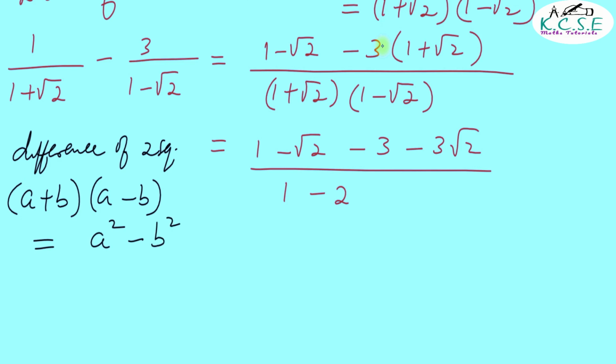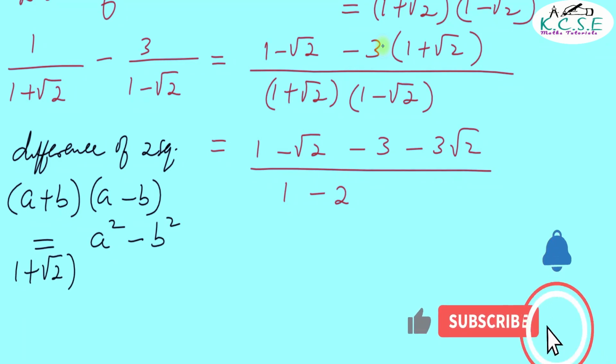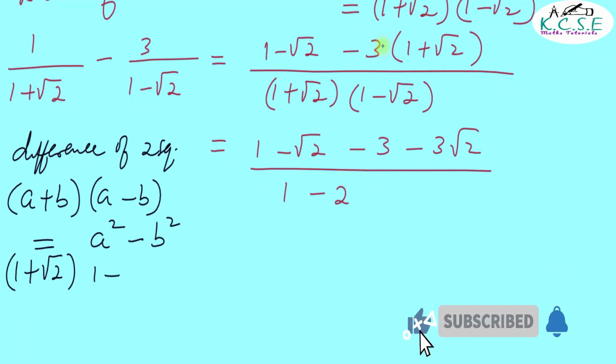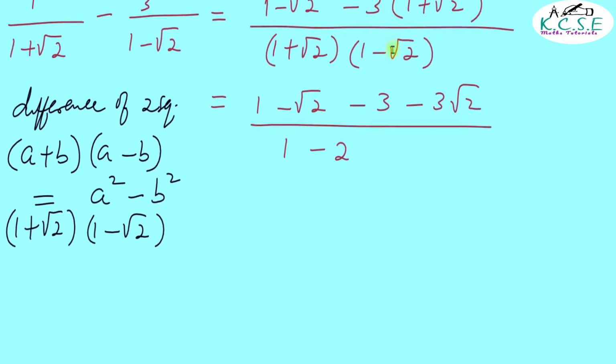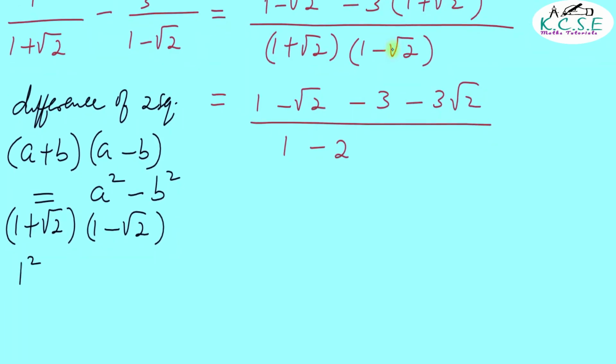So in our case here, we have 1 plus root of 2 multiplied by 1 minus root of 2. This gives 1 squared minus root of 2 squared, which will give 1 minus 2, and that is where we get negative 1. So that is just a reminder.